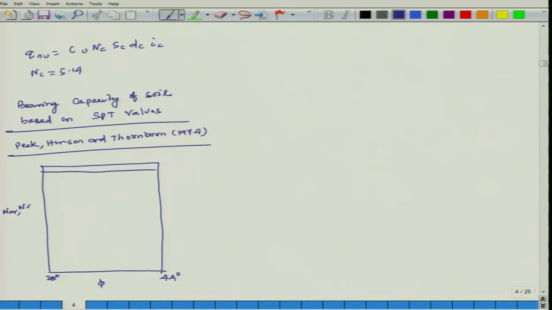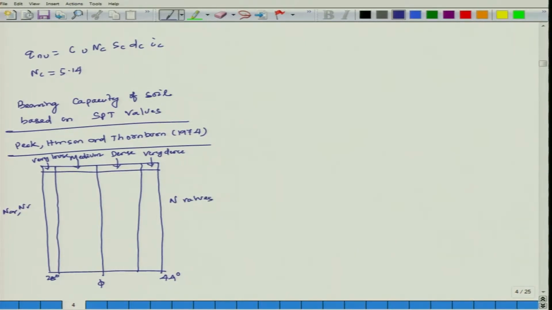Then here they have made it: this is very loose, this is medium, this is dense, this is very dense, and here are the N values, this side also N values.